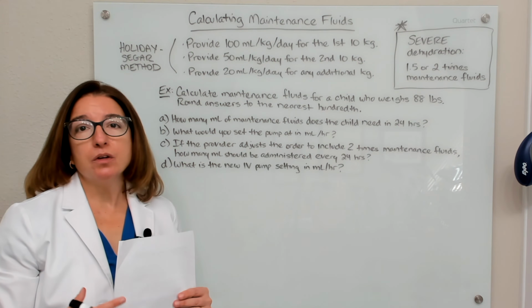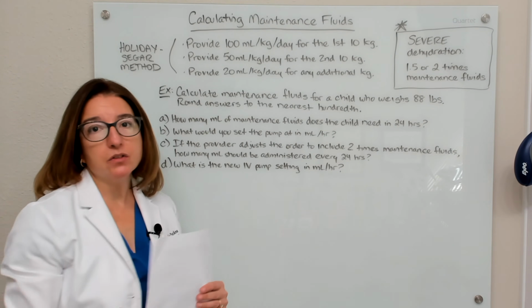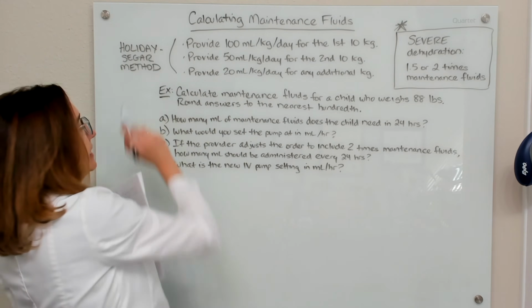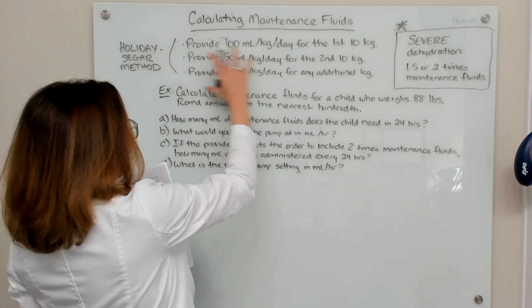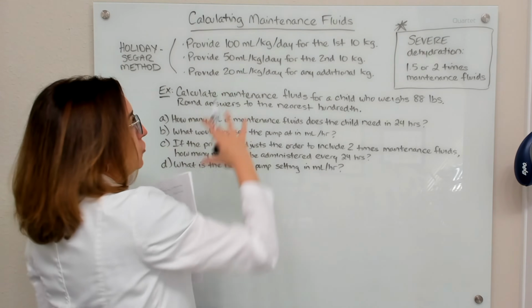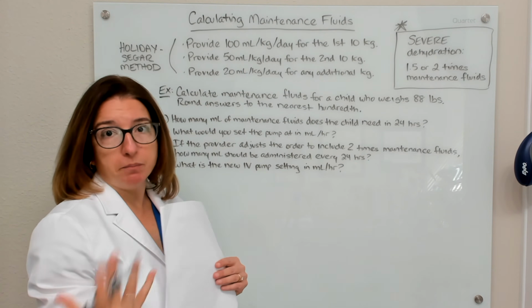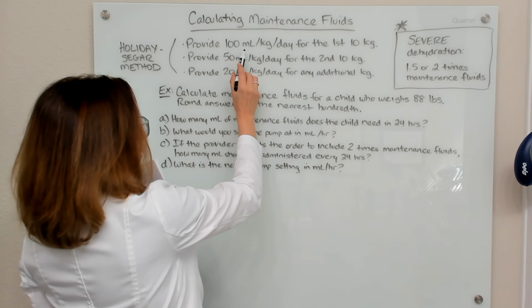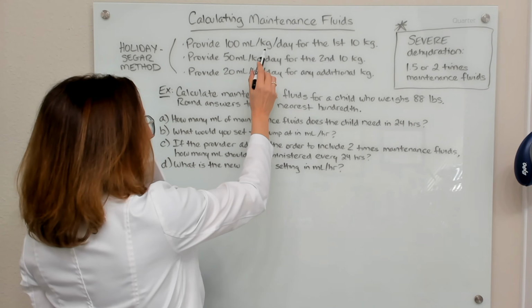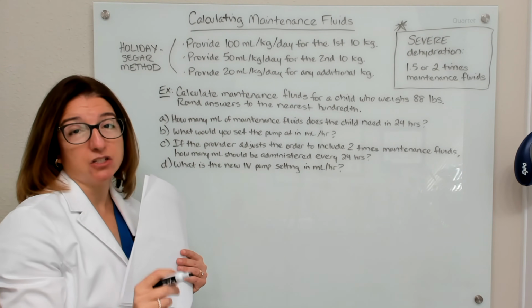In order to calculate the child's fluid requirements, we can use something called the Segar method. With this method, it shows us how many milliliters to administer per day for a pediatric patient. So we want to provide 100 milliliters per kilogram per day for the first 10 kilograms of the patient's weight.